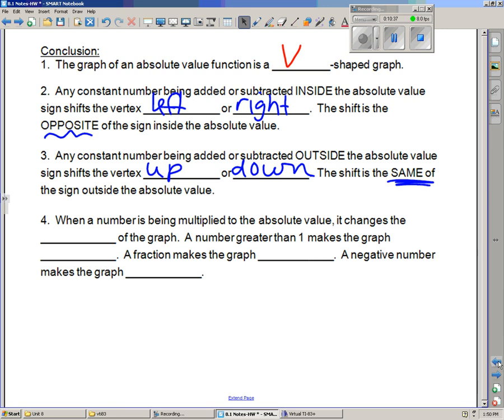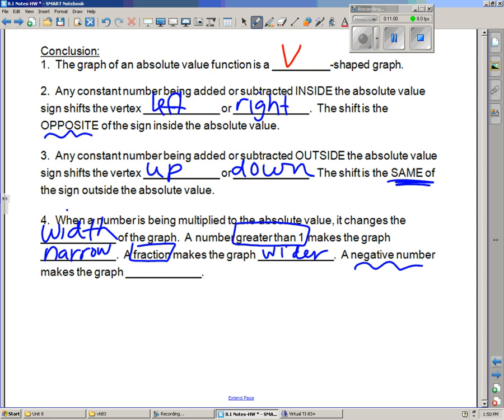When a number is being multiplied to the absolute value, it changes the width of the graph. A number greater than 1 makes the graph more narrow. A fraction makes the graph wider.